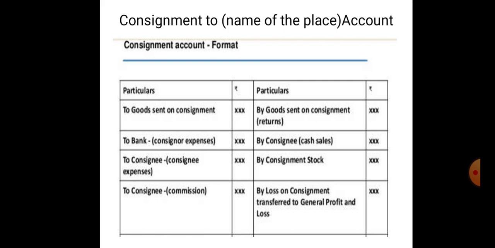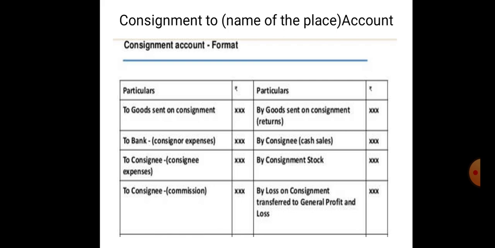On the credit side, the consignee's advance received, cash sales and credit sales are placed, and if any goods sent on consignment are returned, that should be credited to the consignment account.